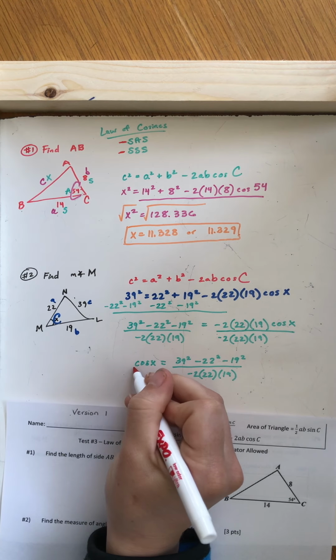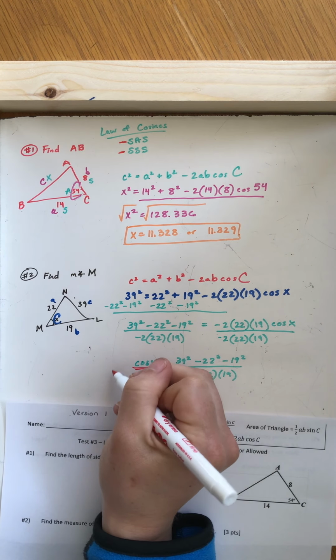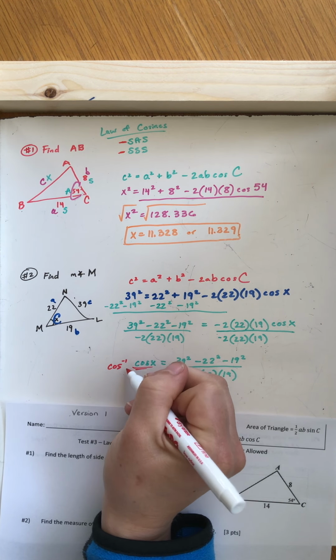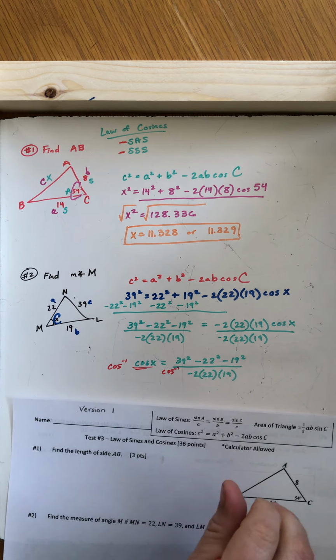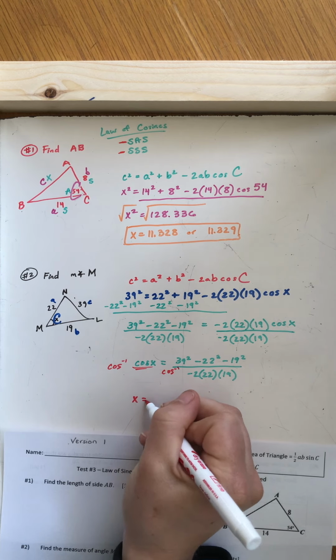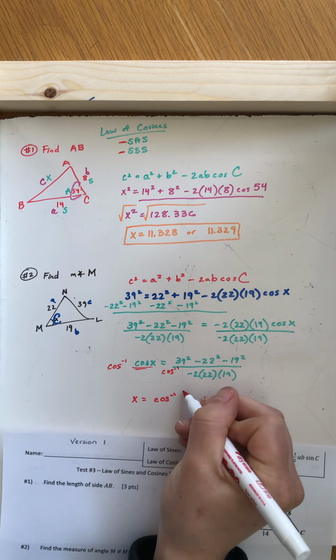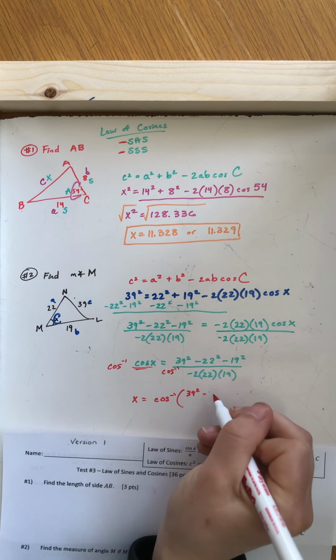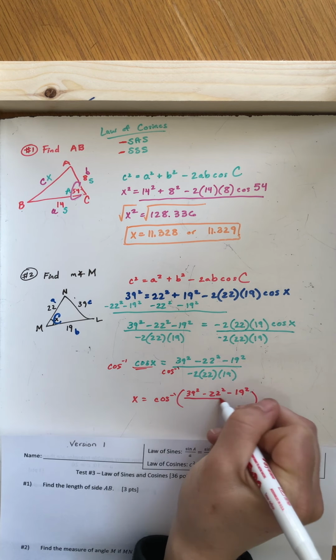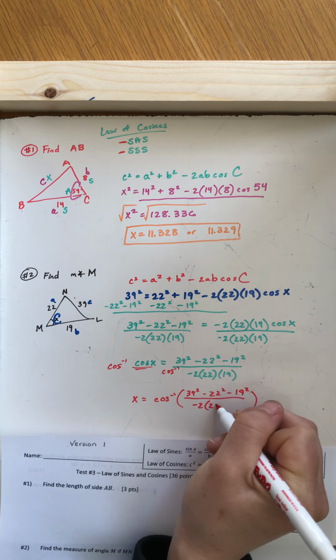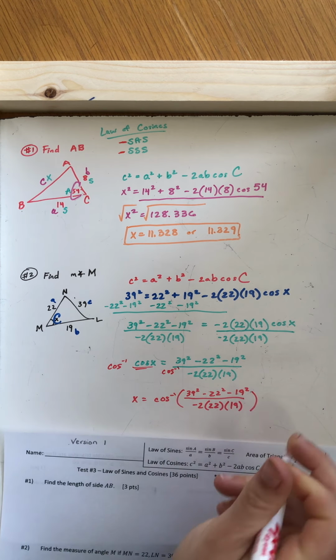Now to undo the cosine that's in front of the x, we have to do the inverse cosine. So I'm going to inverse cosine this right side, and I get x equals the inverse cosine of 39 squared minus 22 squared minus 19 squared divided by negative 2 times 22 times 19.